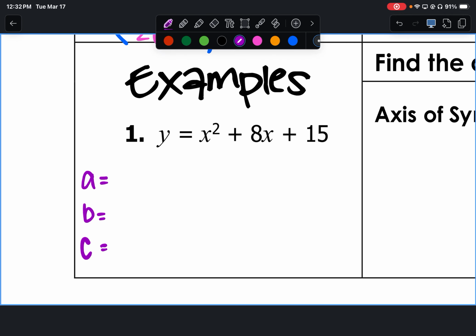So what is our a in this problem? 1. It's what's understood to be in front of x squared. What is our b? It's what is in front of x, 8. What is our c? 15.